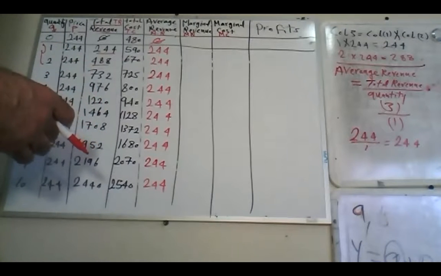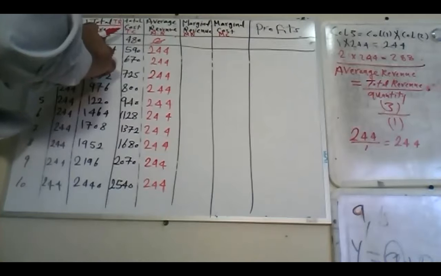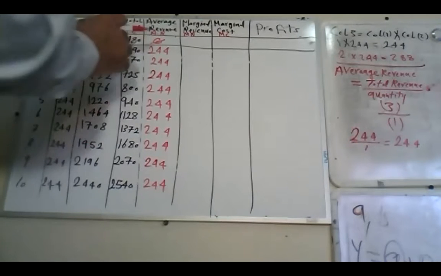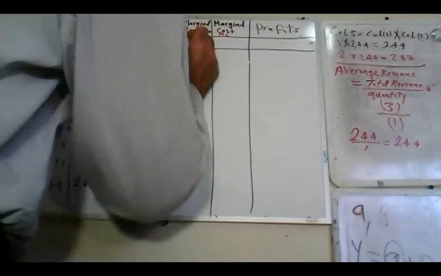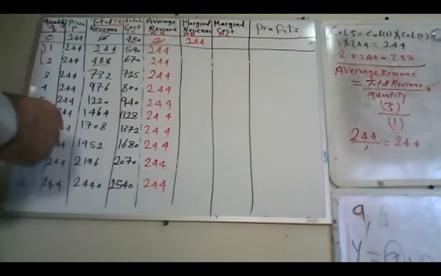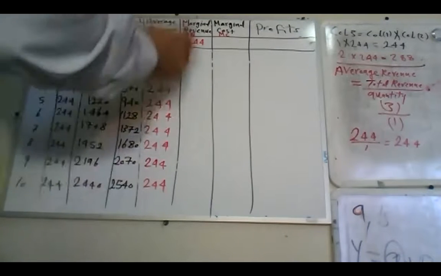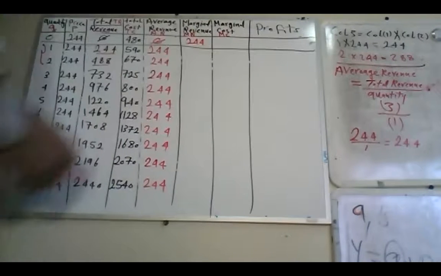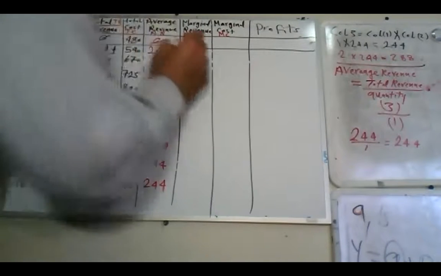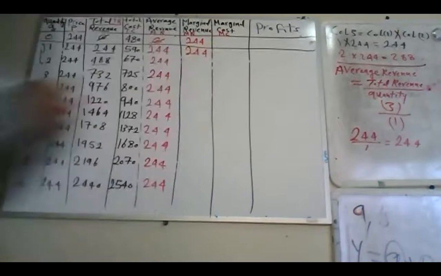The first one is 244 minus 0, which is 244. Then the next one is also 244, so the marginal revenue here is the same.